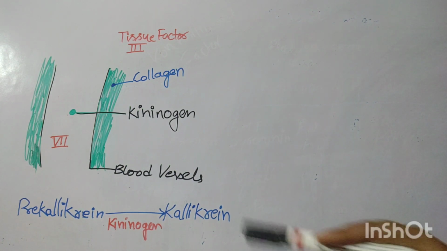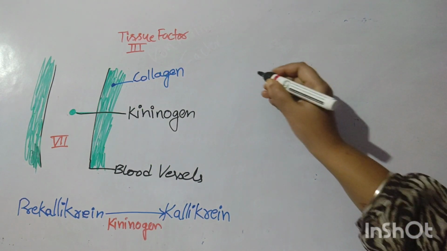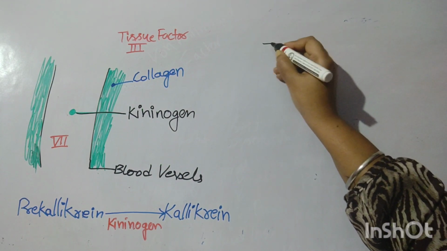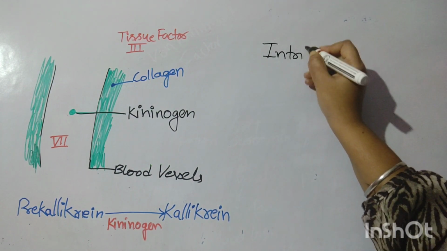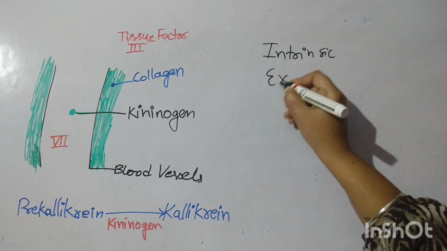In the previous lecture we have seen that in primary hemostasis only one factor acts, that is fibrinogen, one clotting factor. But in secondary hemostasis we will see all the 13 factors take part. Besides that, there is an intrinsic pathway and an extrinsic pathway.